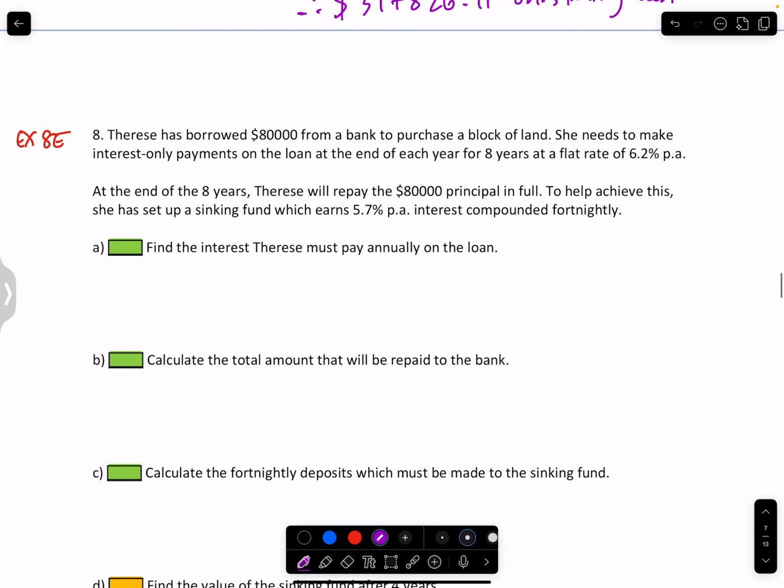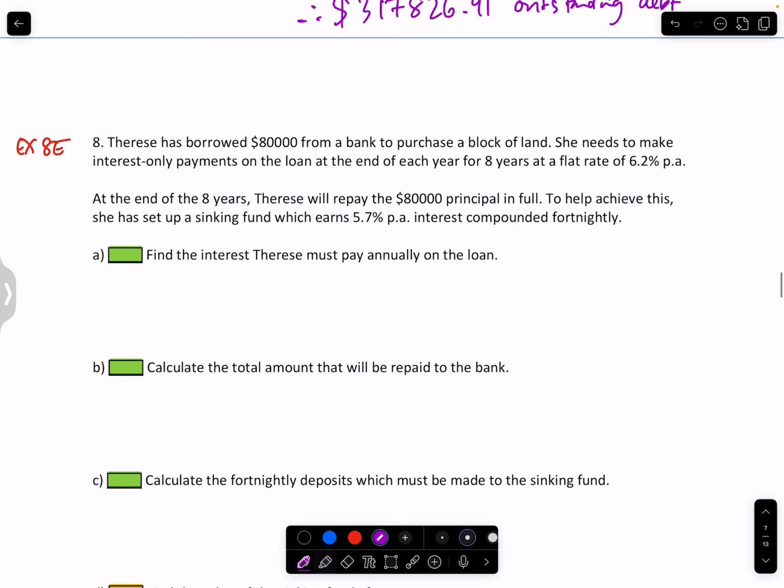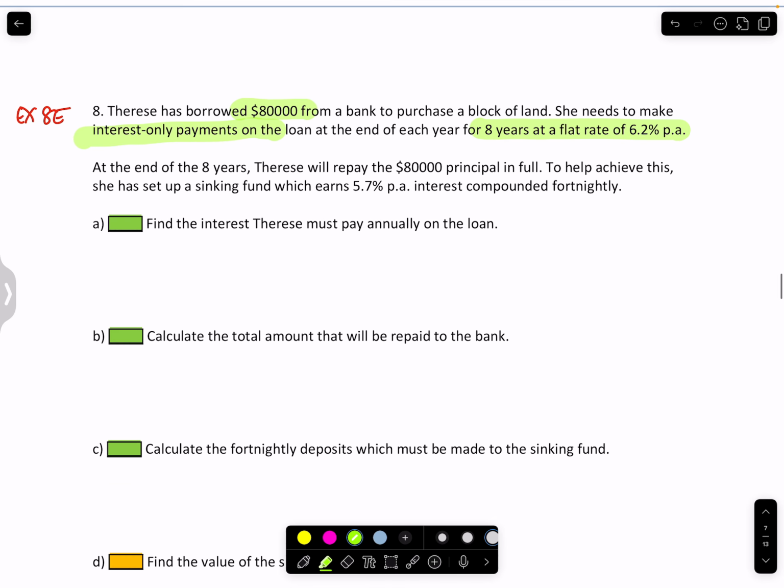Question 8, that's exercise 8E. So this is an interest-only question. This is not in your DI. Borrowed 80 grand, interest-only payments on the loan for 8 years at a flat rate of 6.2% per annum. So an interest-only loan, that means you're only paying interest. Therefore, you need to somehow save up that principal of 80 grand and pay it off in full later.